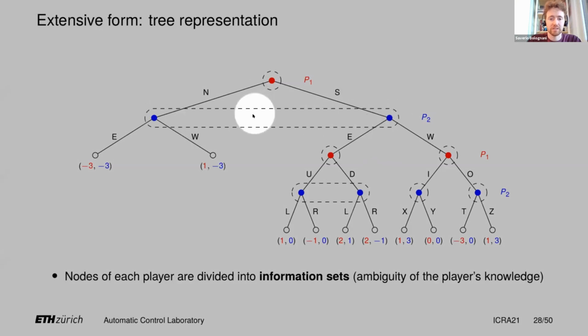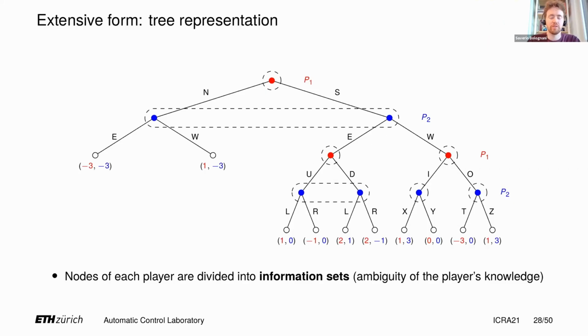He knows it's his turn to play because we are in this information set, and that's available knowledge for player 2. But player 2 doesn't know whether player 1 has played north or south before. In some other cases, like in this case, the information set is a singleton, so player 1 in this case knows that player 2 has played east before. And you have, of course, all possible variations available to you.